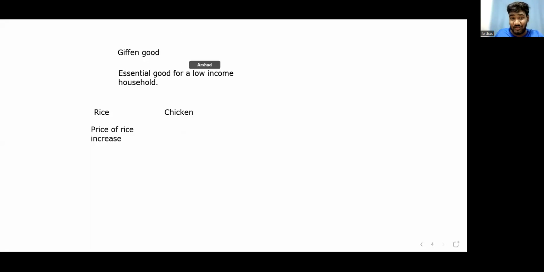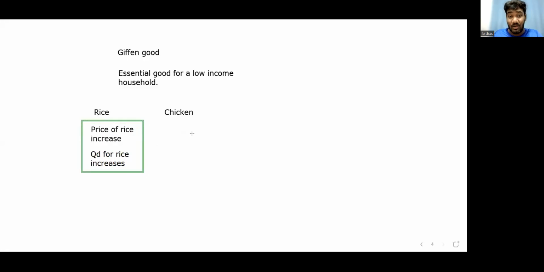So when the price of rice increased, what happened? The quantity demanded for rice also increases. Do you see? It goes against the law of demand. Is that clear, guys? That's how a Giffen good works. It has a positive relationship between price and quantity demanded.